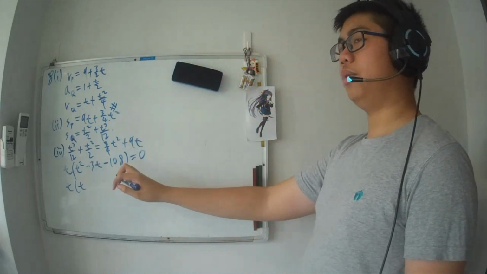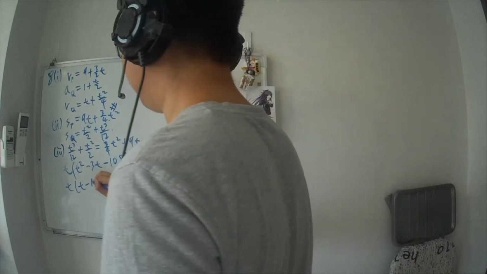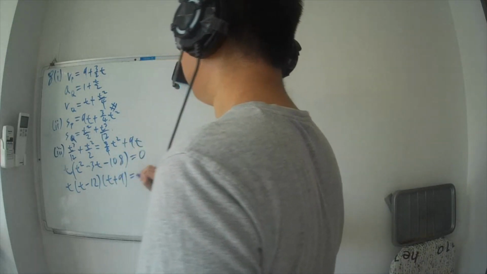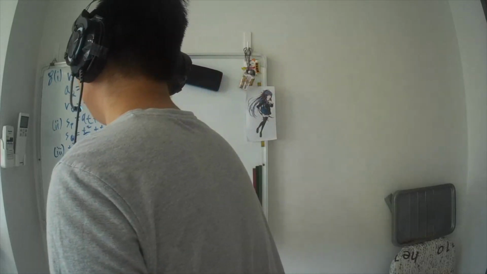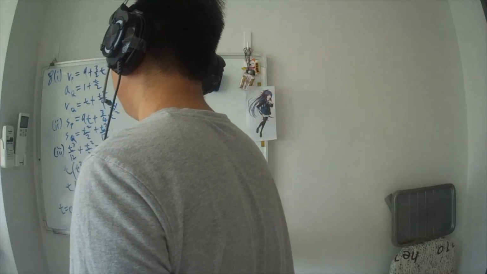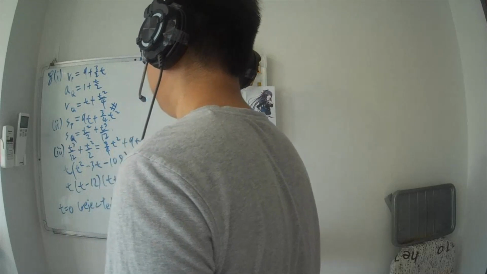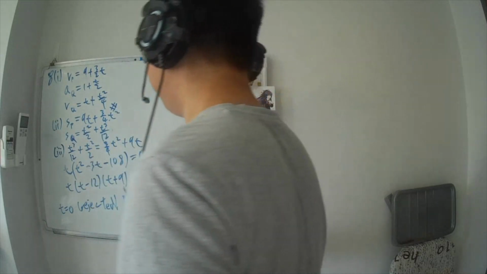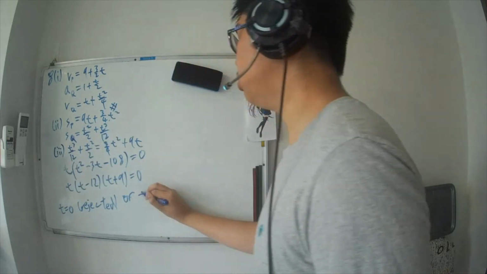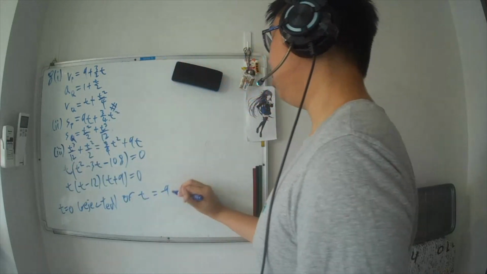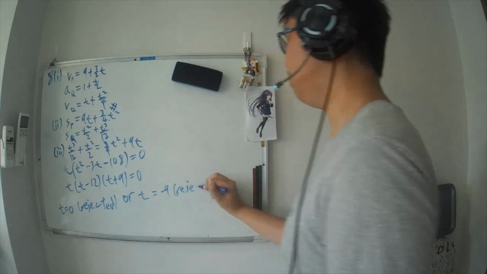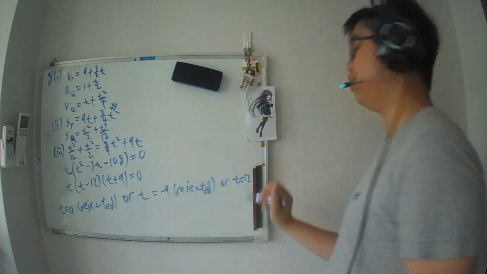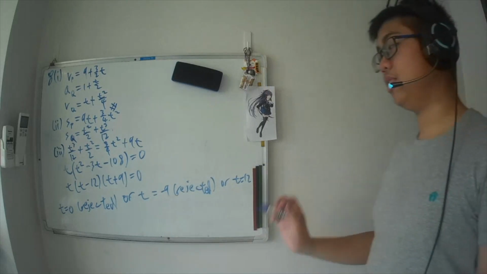I believe this is minus 12 and plus 9, right? t minus 12 and t plus 9 is equal to 0. So therefore, t is equal to 0, which is rejected, or t is equal to -9, which is also rejected. There's only one answer, t equals 12. This is the only answer we can take. t is equal to 12.